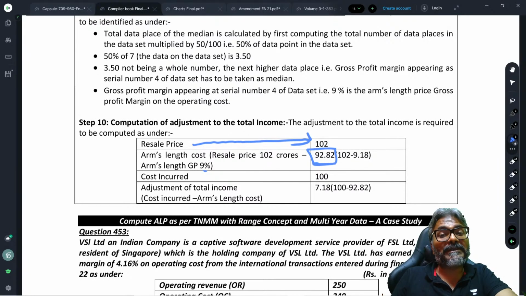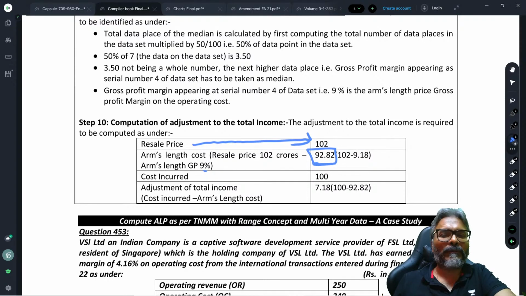So you should have purchased at 92.82, whereas you have actually purchased at rupees 100. So how much is the difference? 7.18. The difference of rupees 7.18 will be the transfer pricing adjustment that has to be done in this regard.